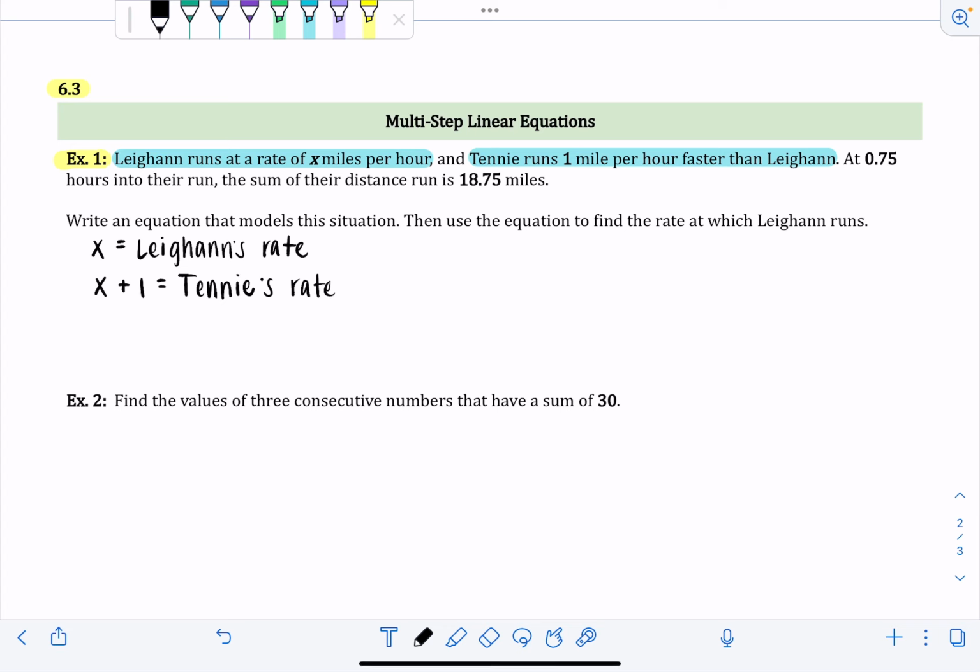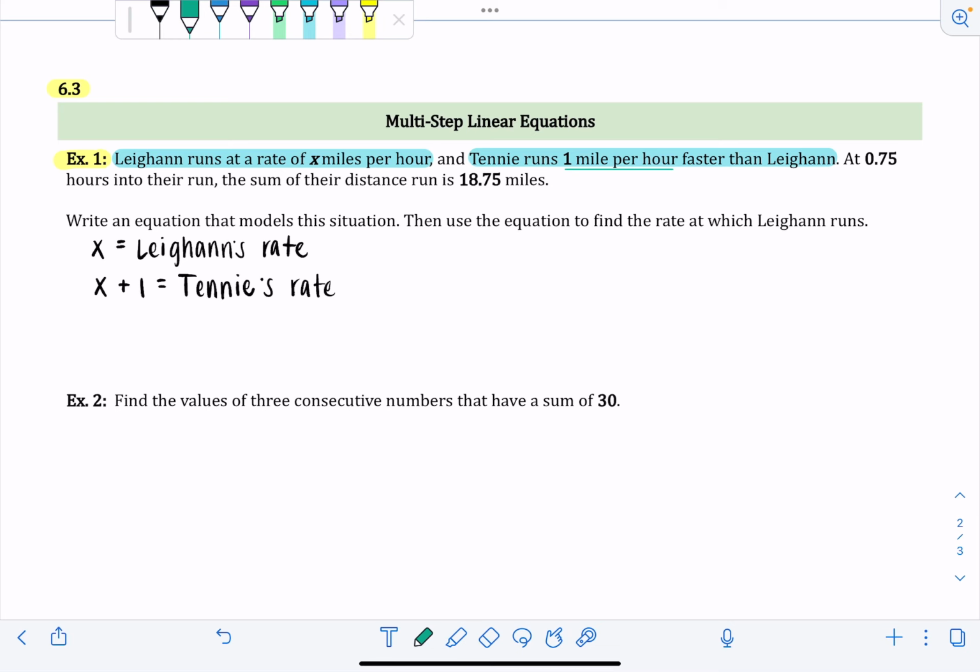And then now we can create an equation. So at 0.75 hours into their run, the sum of their distances is 8.75 miles. Before we set up the equation though, it says 1 mile per hour, and our rate has to be in terms of miles per hour.